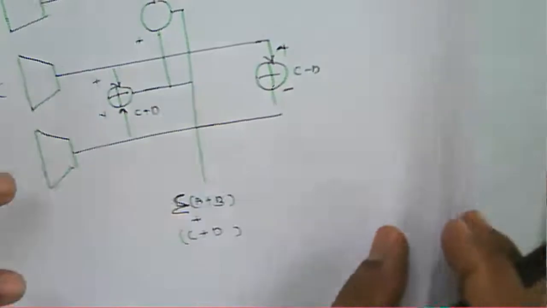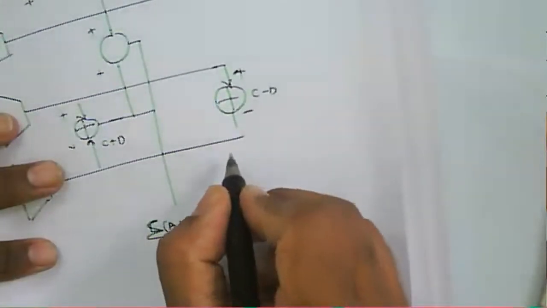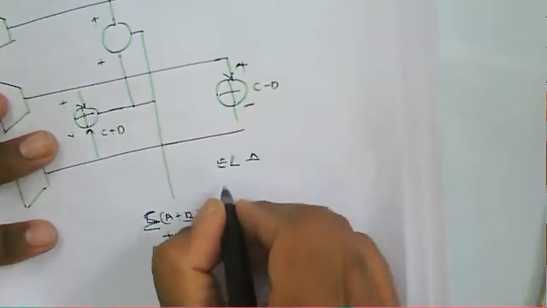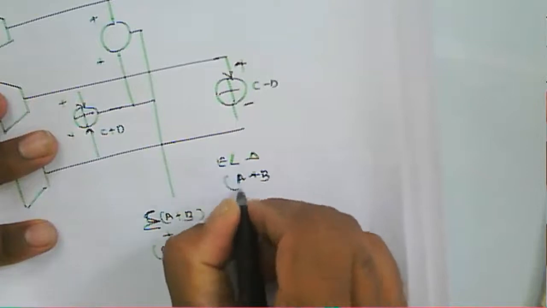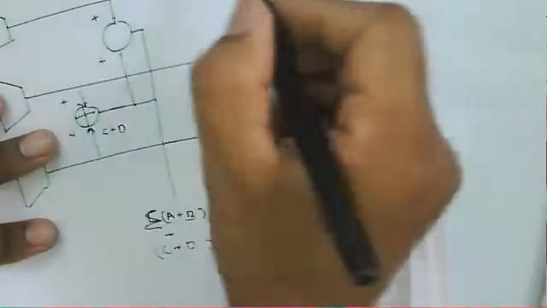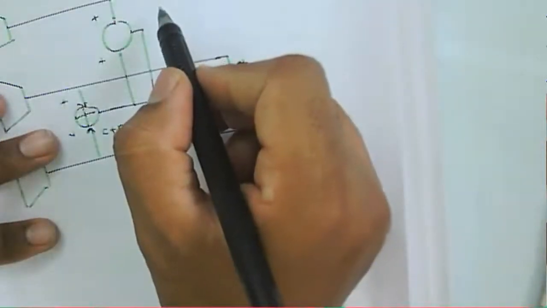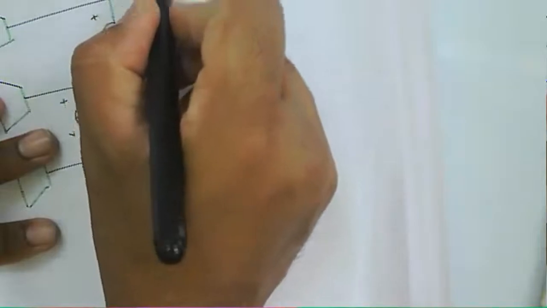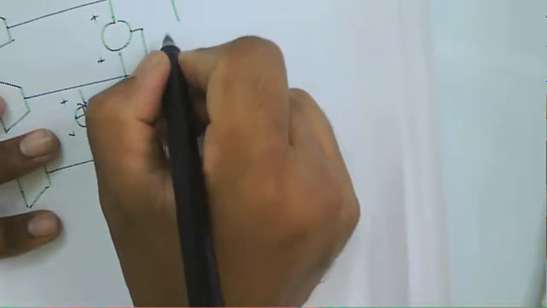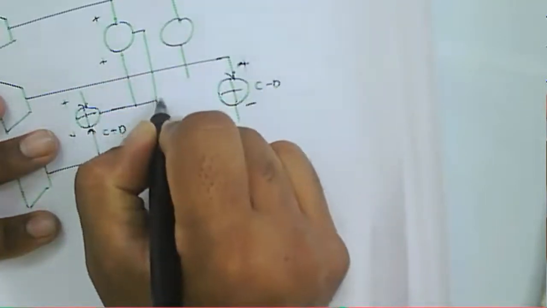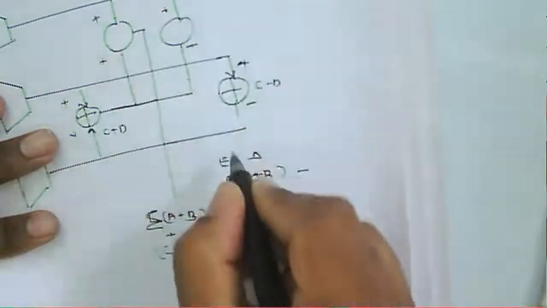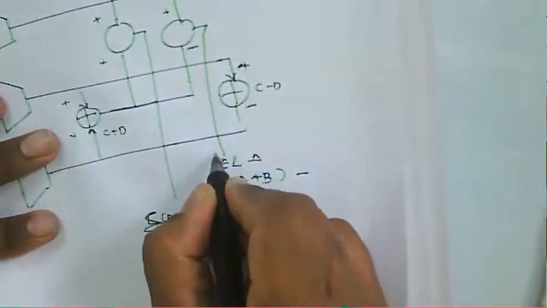So now we need to find out the elevation, the small variation delta. So A plus B minus C plus D. So this one is A plus B here, and this is C plus D. Okay, we get the output, that is the elevation, likewise.